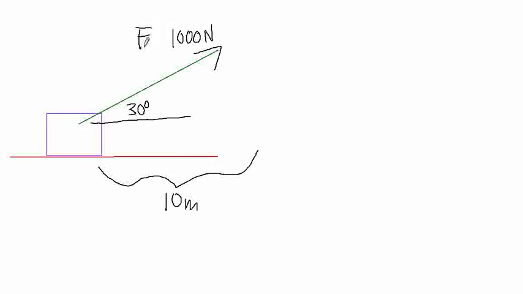So F of the horse is 1,000 newtons, and the displacement is 10 meters.